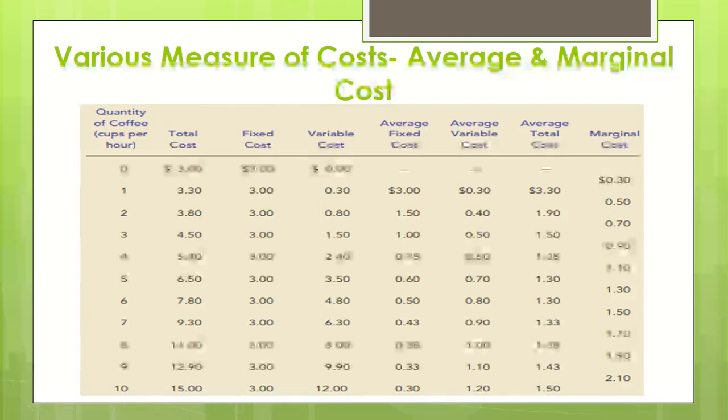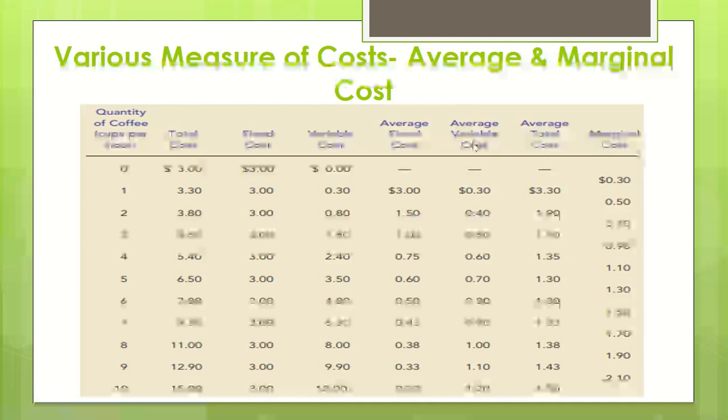And column number 5 is average fixed cost, and column number 6 represents average variable cost, and in column 7 there is average total cost. Here this is the average total cost, that is the sum of average fixed cost and average variable cost. That means average total cost is equal to average fixed cost plus average variable cost.